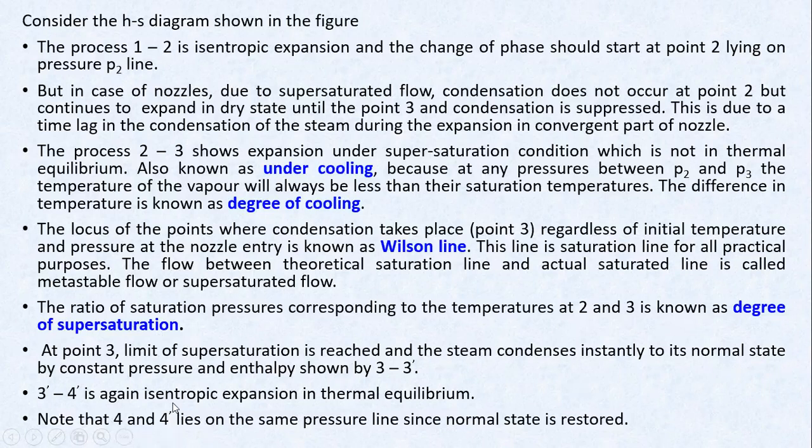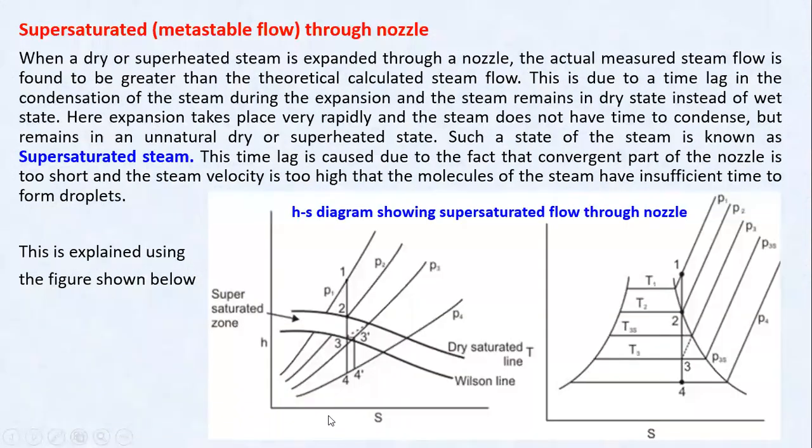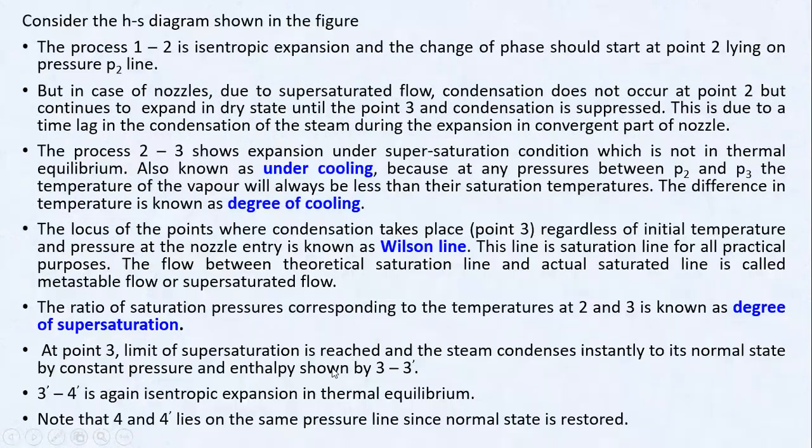So 3 dash to 4 dash is again isentropic, in the divergent portion. It can be seen that 4 and 4 dash lie on the same pressure line. This 4 dash is mainly because of frictional heating, which increases the enthalpy of the steam. These two occur on the same pressure line since the flow of the steam will be normal beyond point 3.